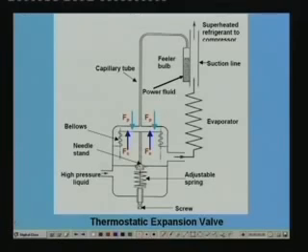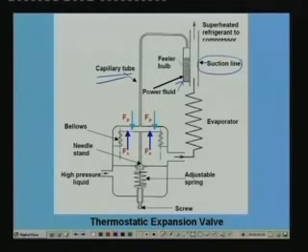as I've already mentioned, this valve consists of a feeler bulb. This is the feeler bulb, and this feeler bulb is attached to the suction line, that is the exit of the evaporator. Okay, so there should be a good thermal contact between the feeler bulb and the refrigerant tubing, and the feeler bulb is connected to the thermostat body with a narrow capillary tube. Okay, so the capillary tube connects the feeler bulb to the thermostat body.